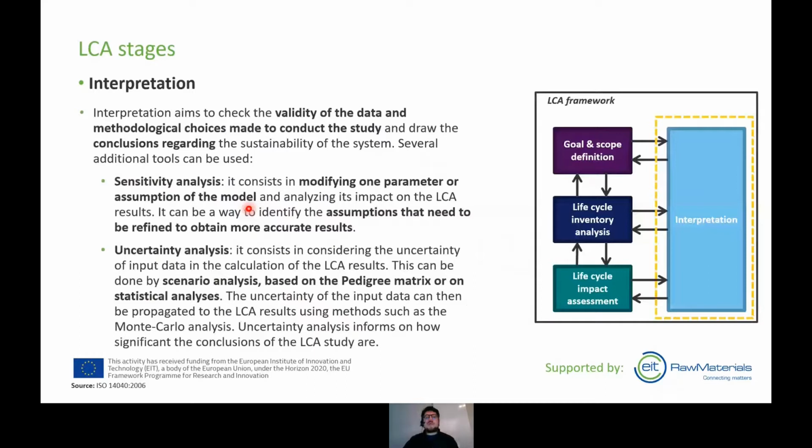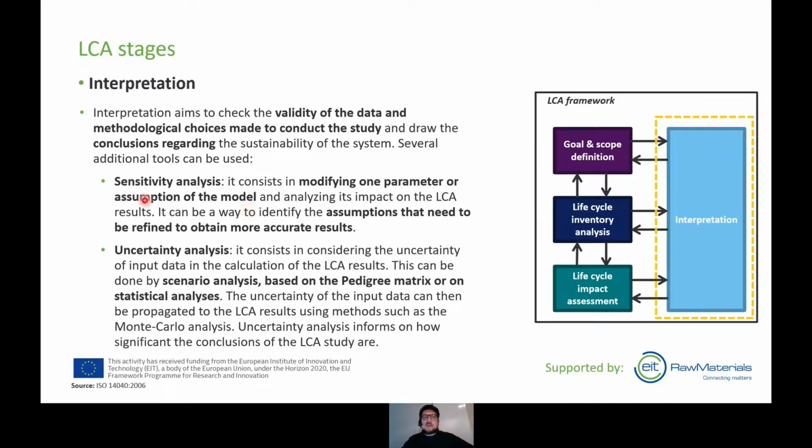After we obtain the results for the indicators that we selected, we need to make some interpretation of them. We need to extract conclusions to identify, for example, where we have the highest impact, and then try to identify why, which were the hot spots in those specific steps.